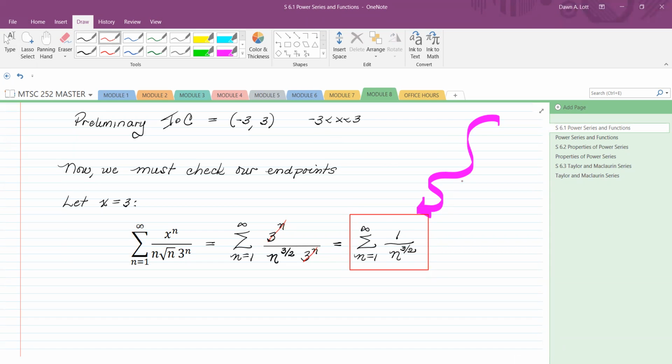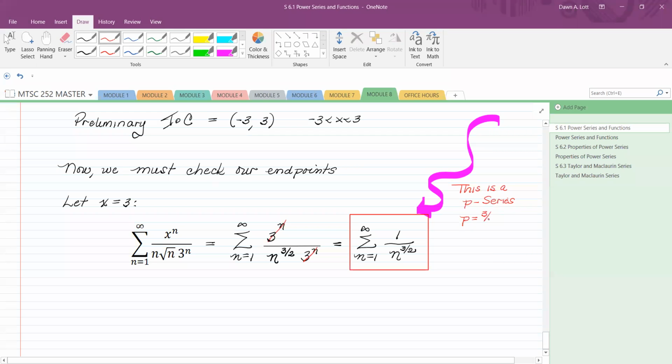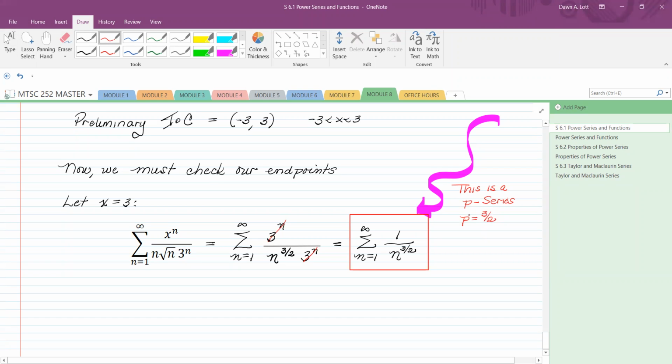This is a P series. What is P? 3/2. Does the series converge or diverge? Converges.